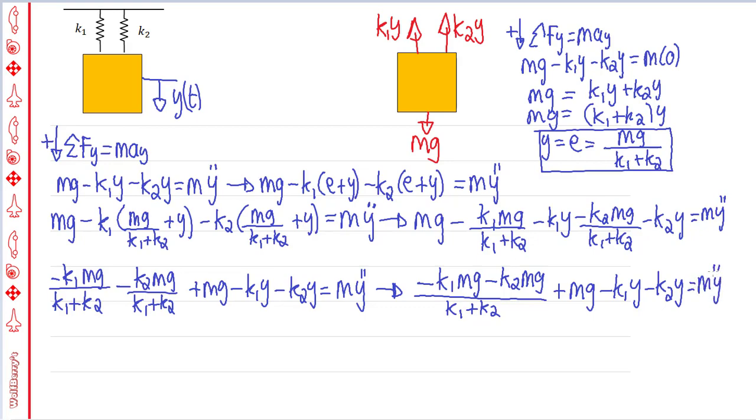Now we can put them together. What I'm going to do is I'm going to find a common factor. So we can clearly see that here the common factor is mg. So we can take the minus outside the bracket as well.